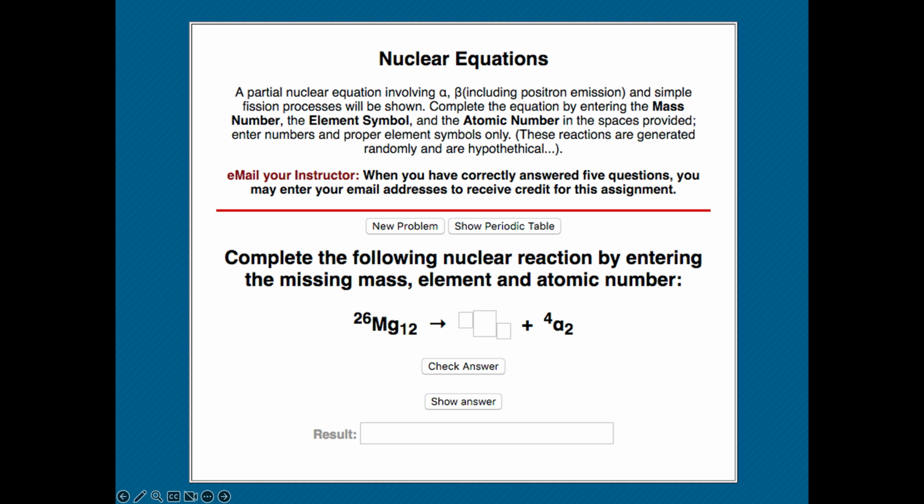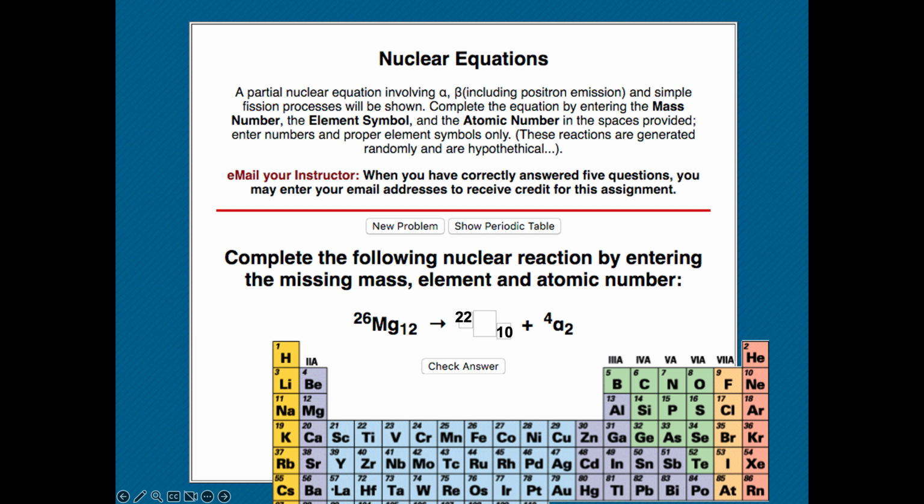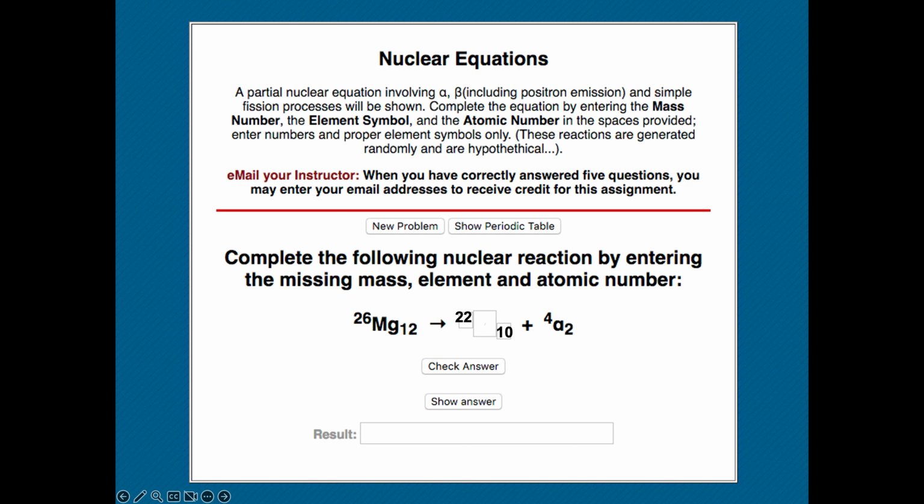Either one works. The number of protons will drop by 2. Well, the mass number, I guess, drops by 4. We need a periodic table to see what 10 is. 10 is neon. So this is neon-22. The one on Blackboard works basically the same way.